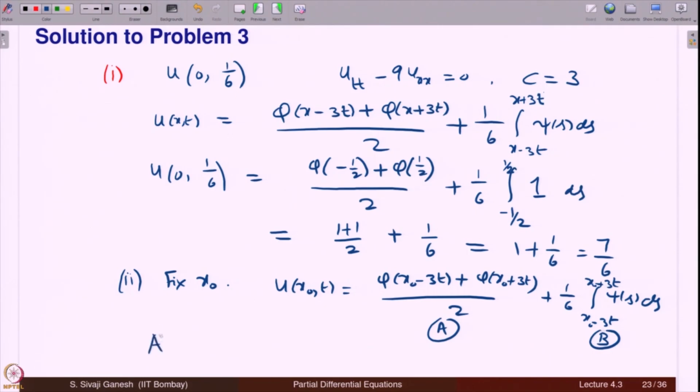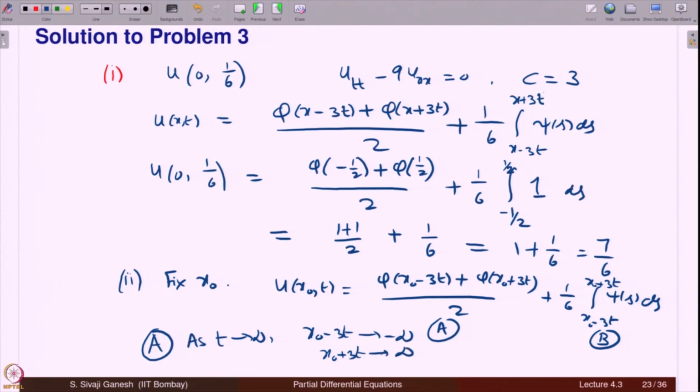Observe the term a, as t goes to infinity what happens? X naught minus 3 t will go to minus infinity and x naught plus 3 t will go to infinity.